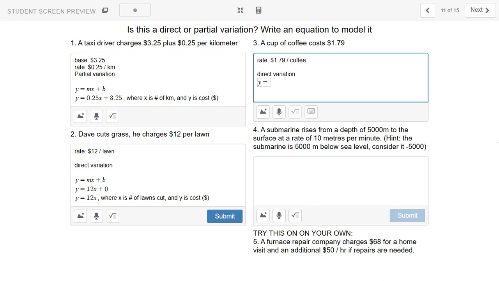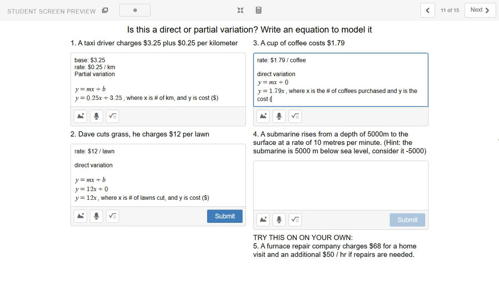I'm going to use the equation y is equal to mx, and I know that b is going to be 0, so really, I don't have to write the b. y is equal to $1.79 times x. What are our variables? We have x is the number of coffees purchased, and y is the cost in dollars.